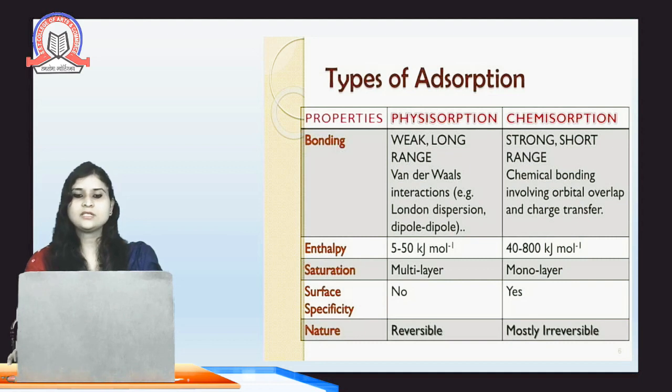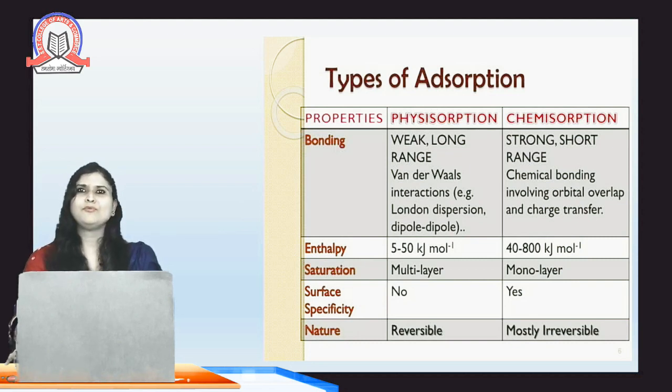Now surface specificity. There is no surface specificity in physisorption, but in chemisorption there is surface specificity. Nature: physisorption is reversible. Why?